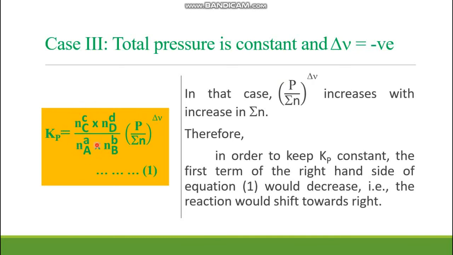So the number of reactants would be increasing and the products would be decreasing. That means the reaction would shift to the backward direction. So if delta nu is negative, P by summation n whole to the power delta nu increases with increase in summation n, that means if some inert gas is introduced in the system. Therefore, in order to keep Kp constant, the first term of the right hand side of equation 1 would decrease, that is, the reaction would shift towards the left.